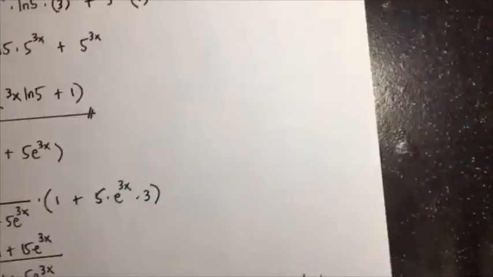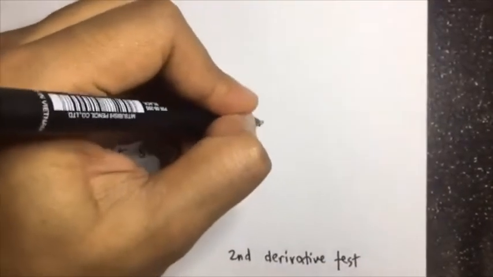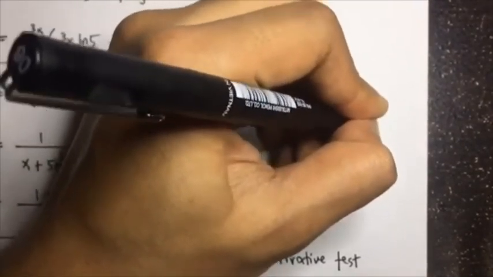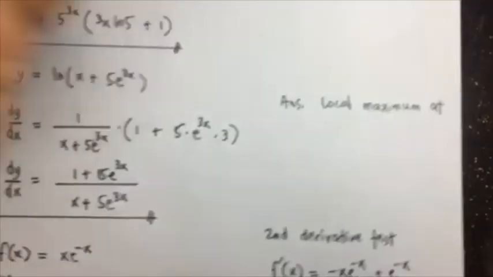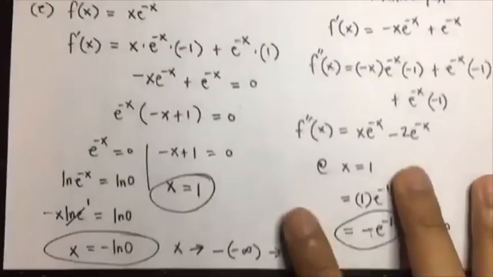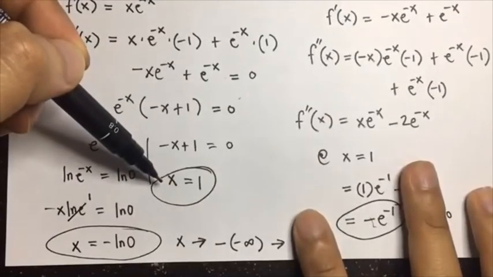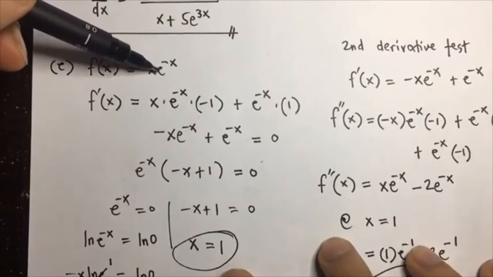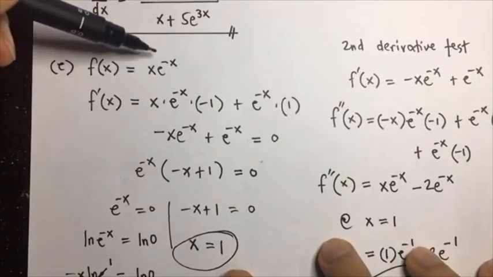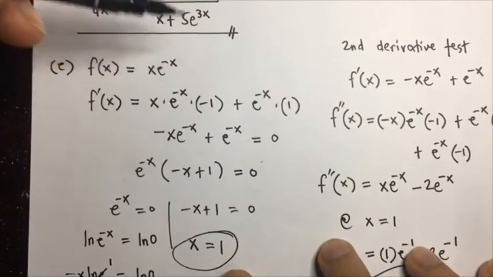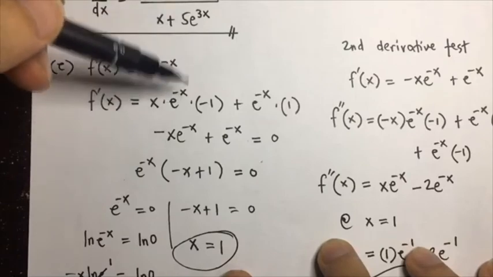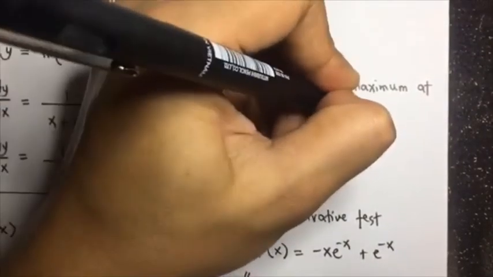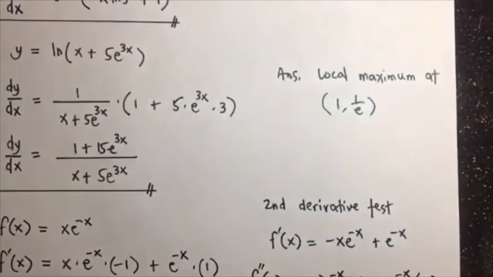So you can write the final answer: local maximum at x is equal to 1. How about y? At x is equal to 1, this becomes 1 times e raised to the negative 1, so it's 1 over e. Therefore its local maximum is at 1 and 1 over e.